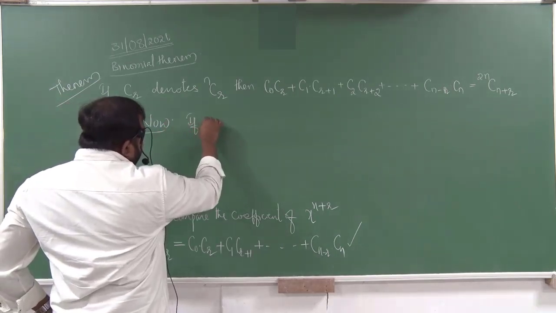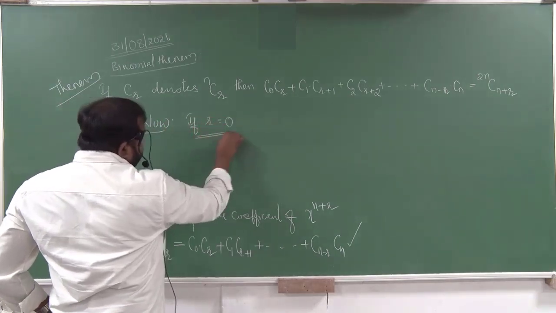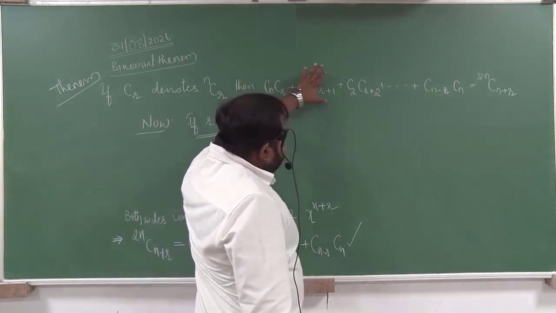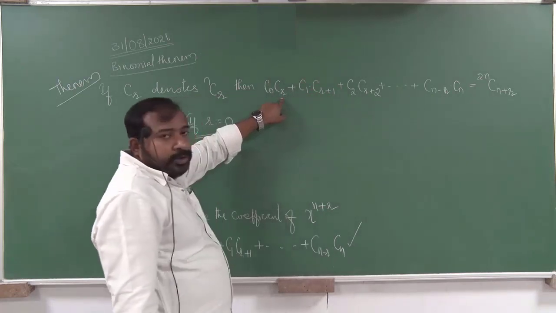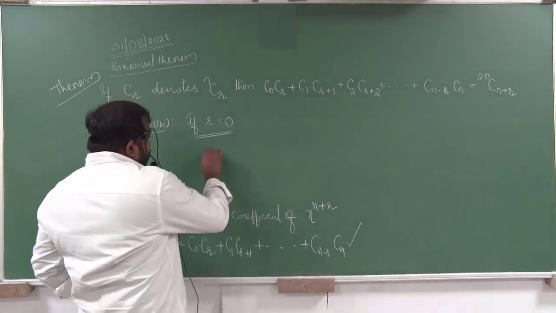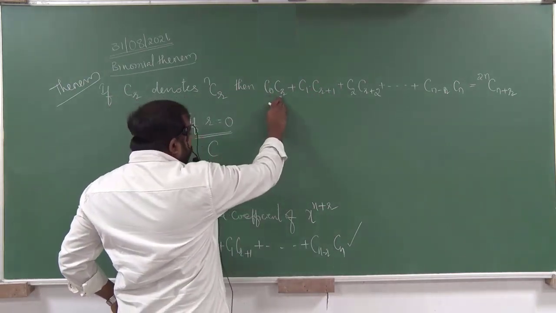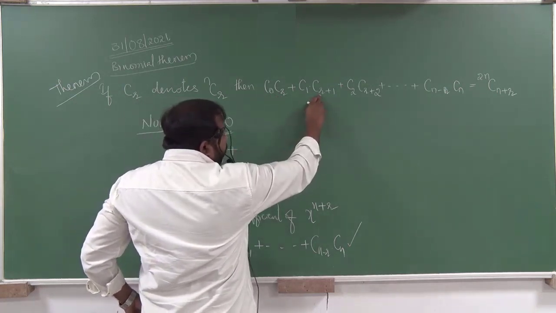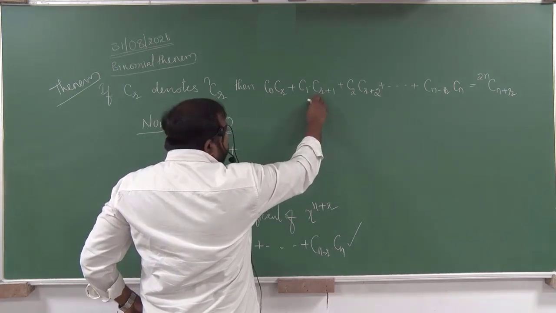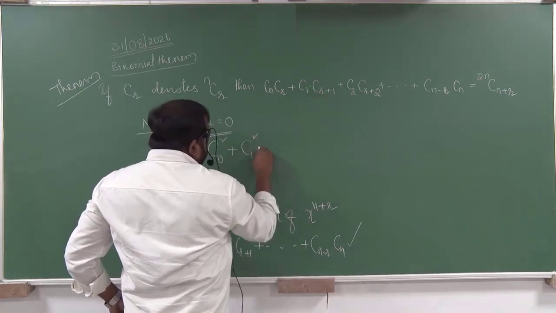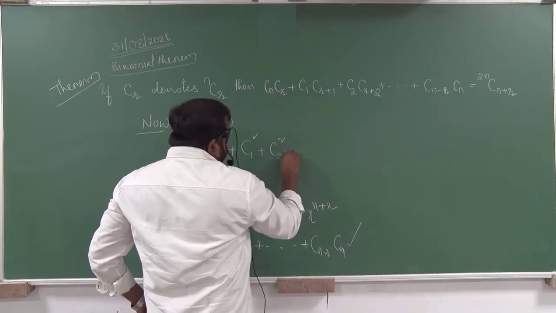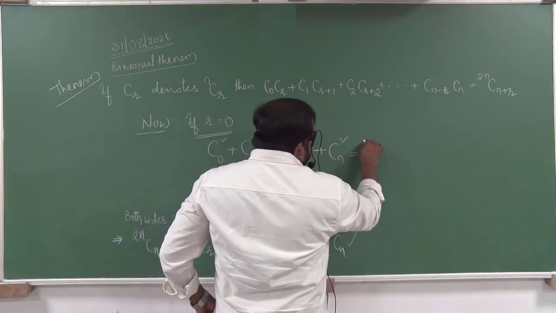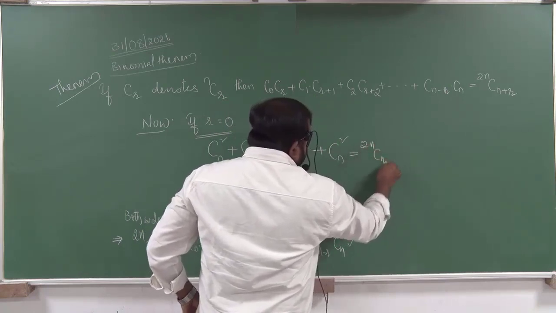If r is equal to 0 in this expression, tell me what you will get, ma. C0 into C0 means C0 square, plus what about this value? If r is equal to 0, C1 into C1 means C1 square, plus C2 square, up to so on. What is the last value? Cn square is equal to 2n Cn.